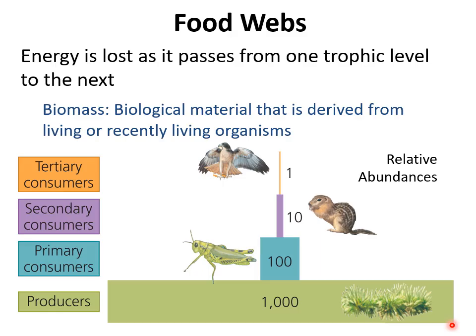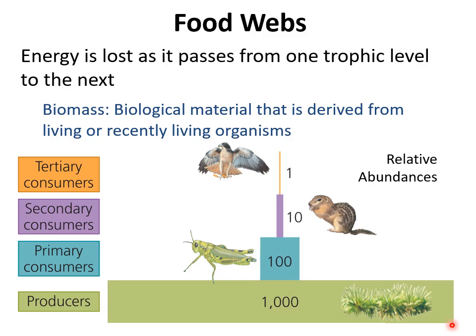So if you put all the ants in the world in a blender, push start, and you made yourself an ant smoothie, and then you put all the elephants in the world into a blender and made an elephant smoothie, your ant smoothie would be a lot larger because there are more of them. Since there's more ants, even though the mass of an individual ant is a lot smaller than an elephant, when you look at all that biomass, there's more ant biomass than elephant biomass.